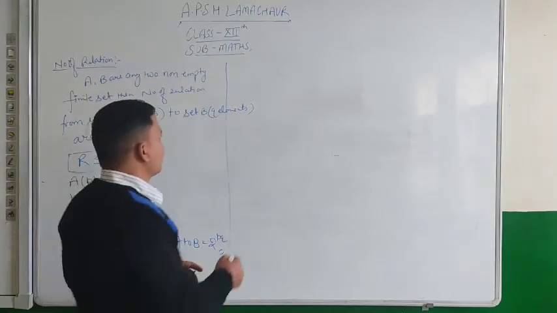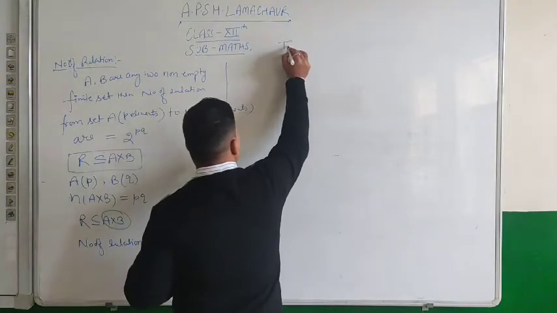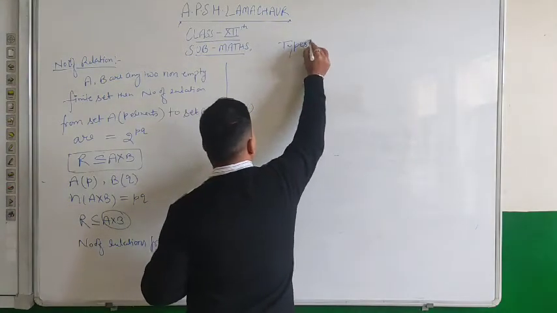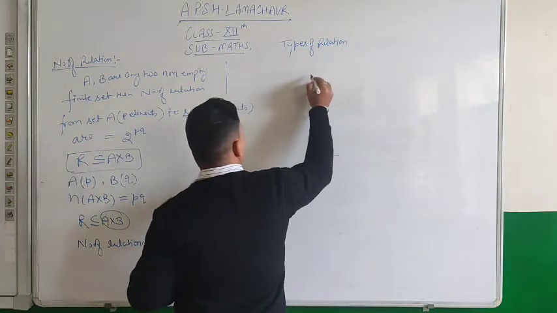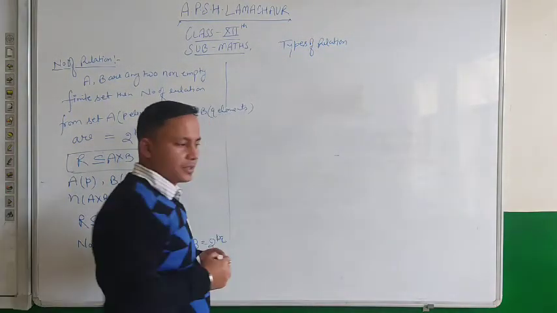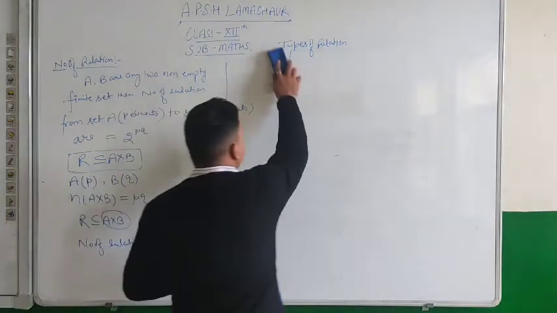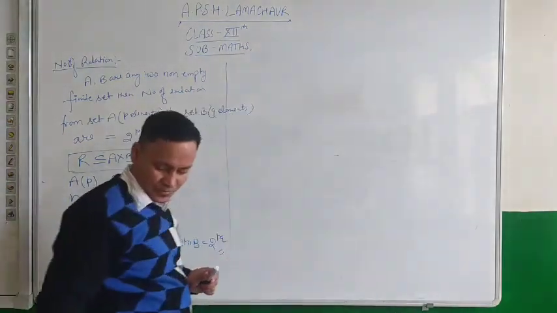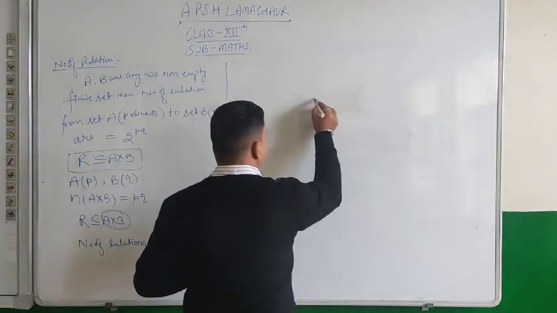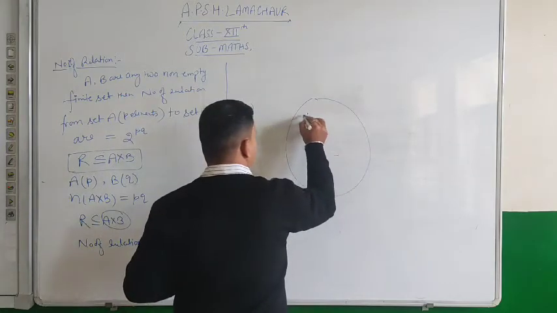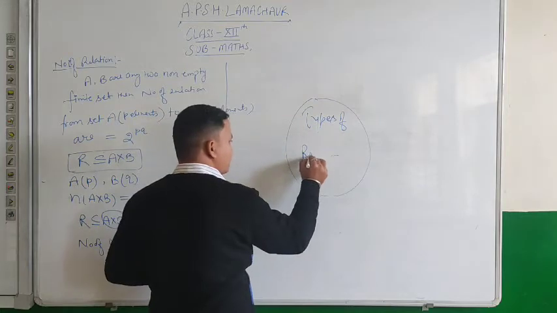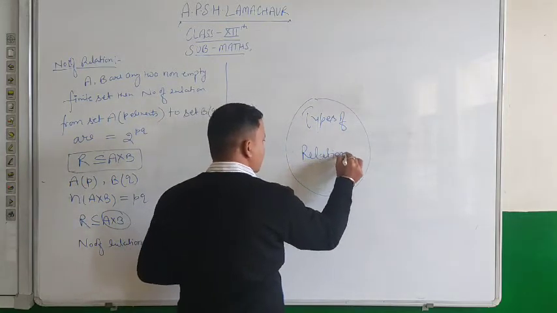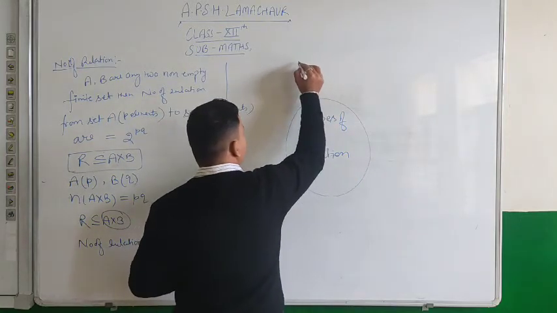Now we will talk about types of relation. Okay, types of relation. Okay, so we can like make it a diagonal representation of it. Types of relation. So the very first type is empty relation.